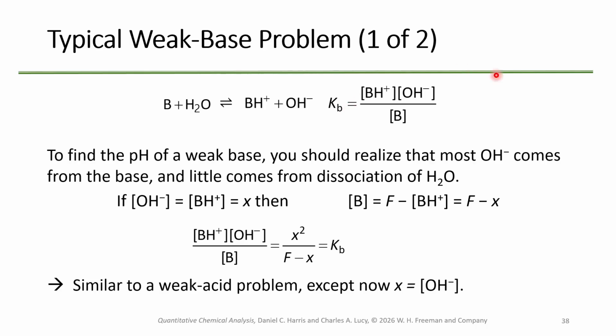The other part that you need to watch out for here is that whenever you're doing these base reactions, most things are listed in acids. We do pHs. We do pKas. We don't do pOHs and pKbs usually. So watch out for that.